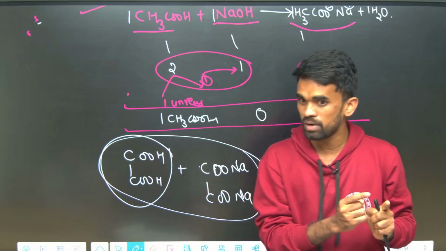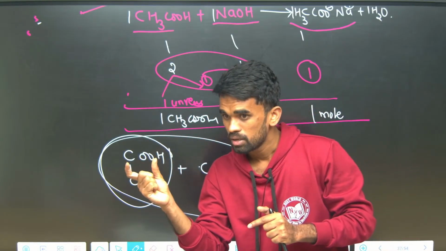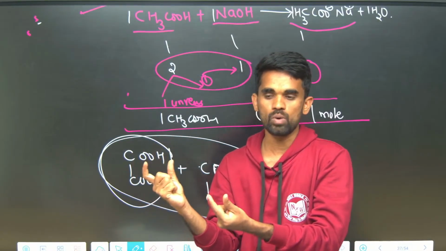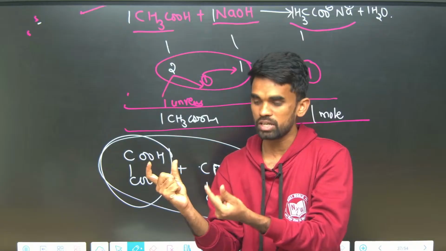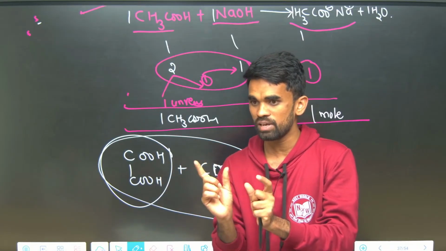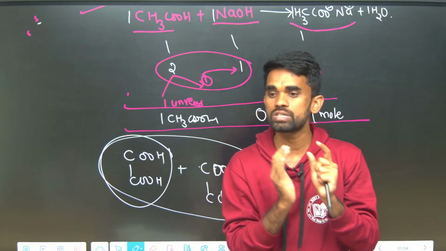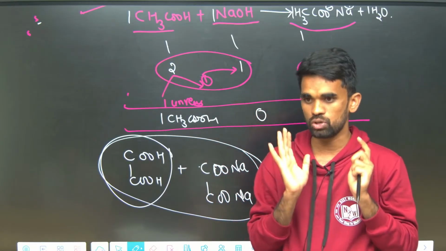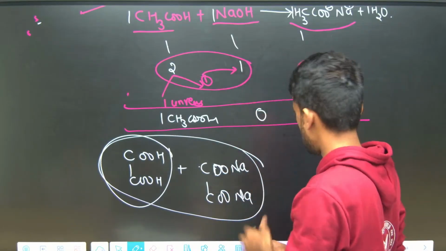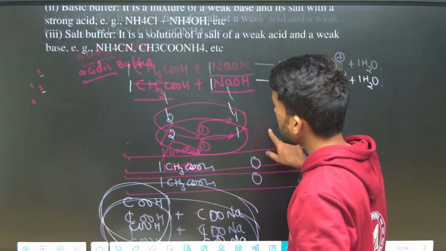To form an acidic buffer, the weak acid should be in excess quantity and the strong base should always be the limiting quantity. Just look at the number of moles given and identify which mixture will form a buffer solution. Clear or not?